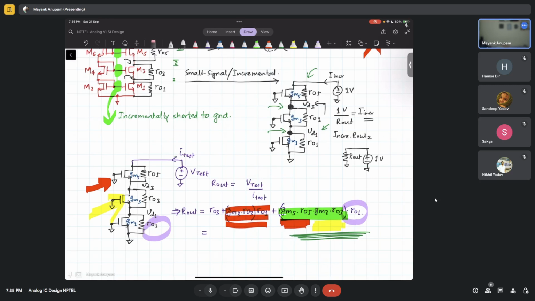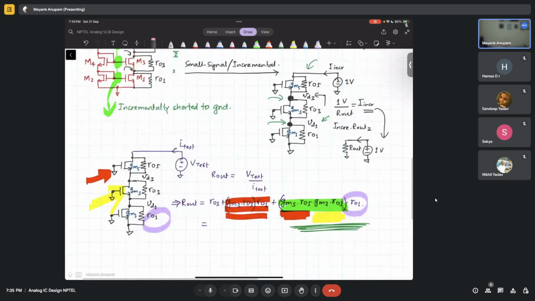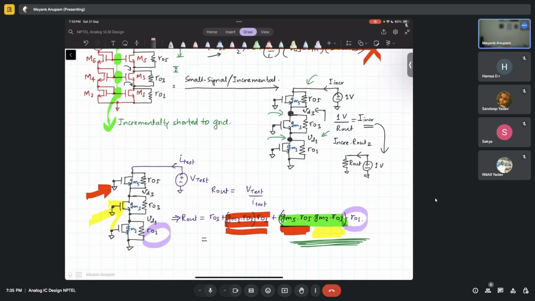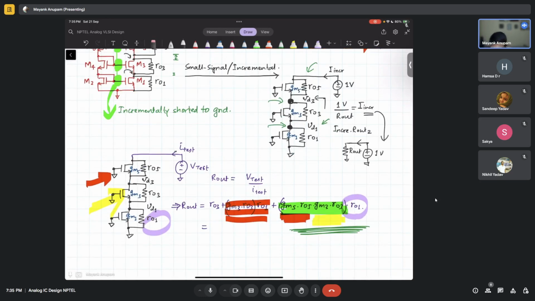From here you can get how much is the I incremental, correct, that is going to flow through this. So this whole thing here is replaced by this R out, correct? Now the current is going inside, and you know how much current is going to go inside.